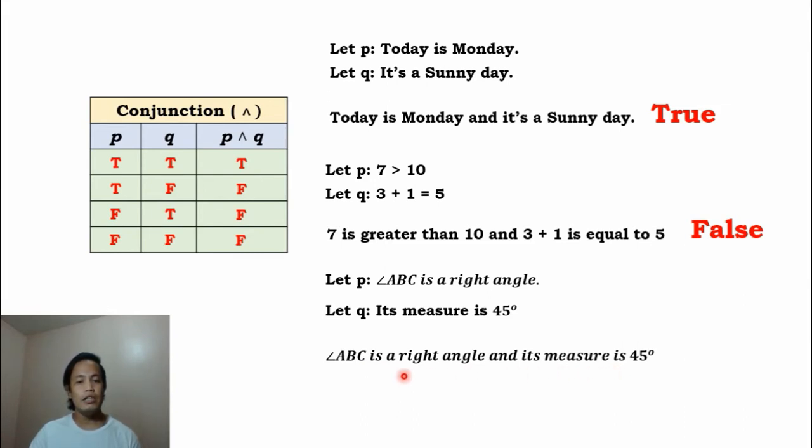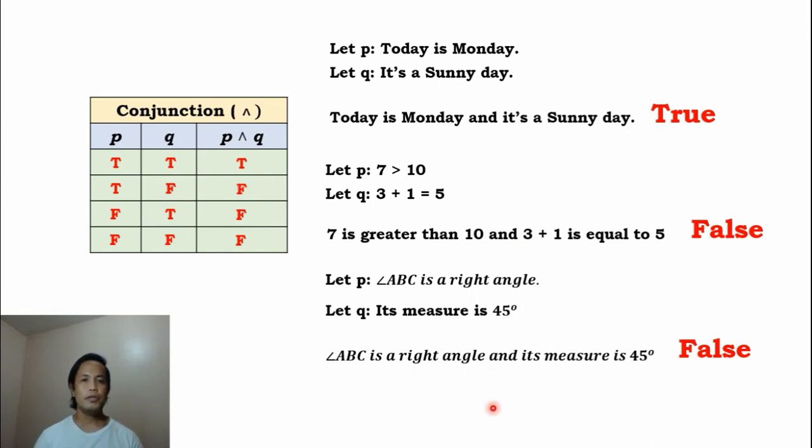Why? Because the measure of a right angle is a 90-degree angle. So if this P is a true statement and the Q is a false statement, therefore that falls under this row. Our P is true and our Q is false. Therefore, the truth value for this statement is false, which is this part here.